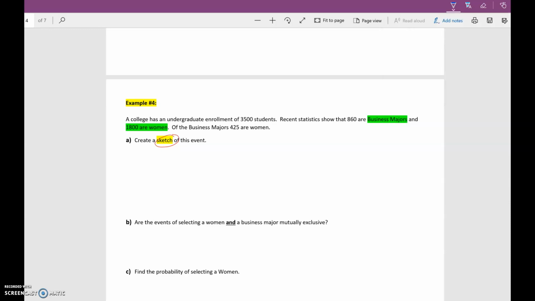In this case, the first event that they mentioned here is a business major. So let A equal selecting a business major.